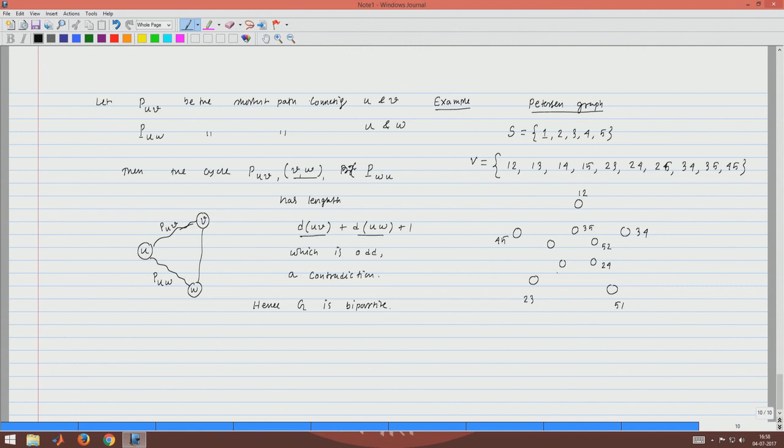This corresponds to 35, this corresponds to 52 or 25, 24, this corresponds to 14, this corresponds to 13. So I have drawn all the 10 vertices here.